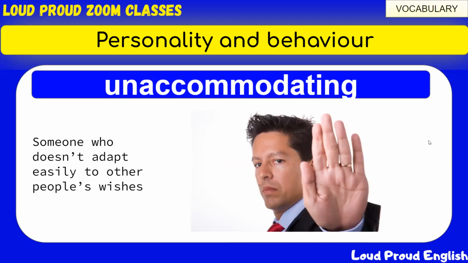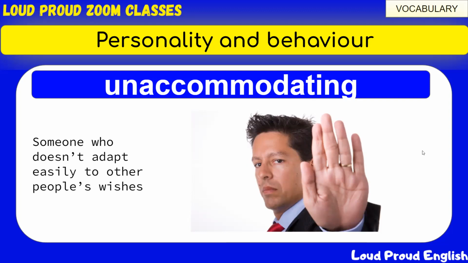So this person is not so concerned with adapting to what you need, and they're actually just not going to be very flexible. So whatever you need or want, maybe they're only going to give you what they want to give you, or they're only going to do for you what they want to do for you. So they're not going to accept all of the different things that you want if it does not suit them.